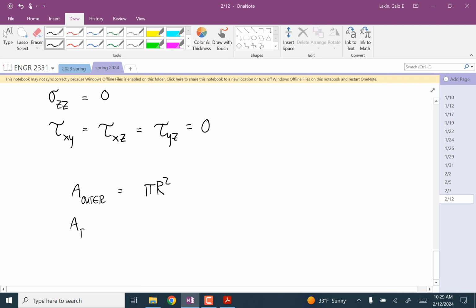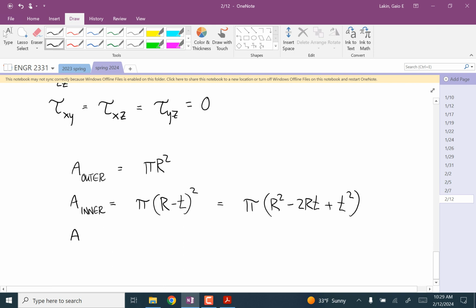The area of the inner circle would be pi times (r minus t) squared, which is pi times r squared minus 2rt plus t squared.